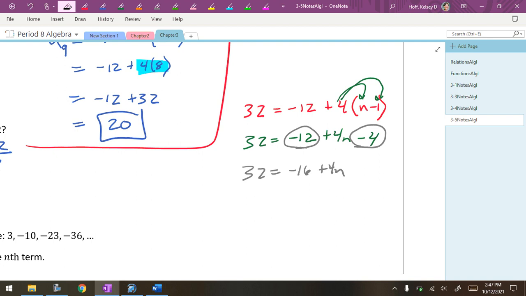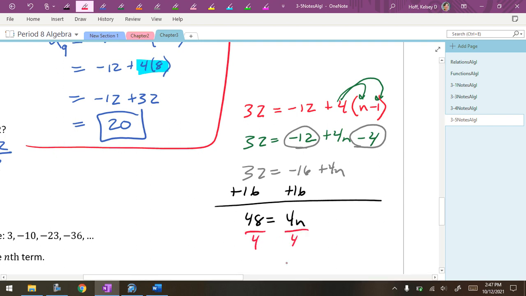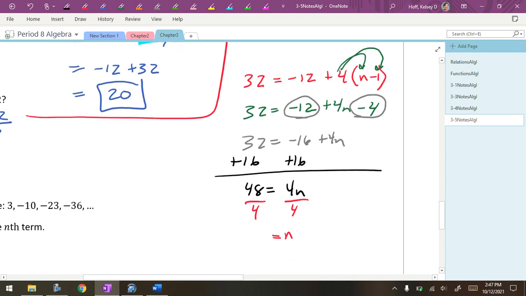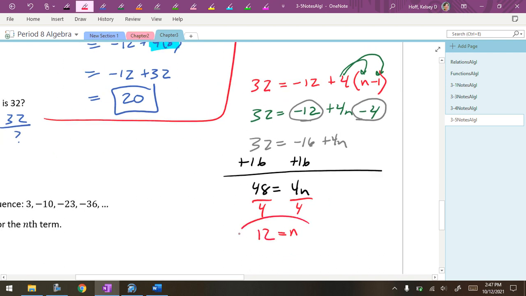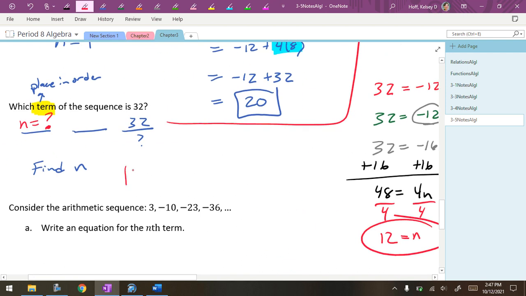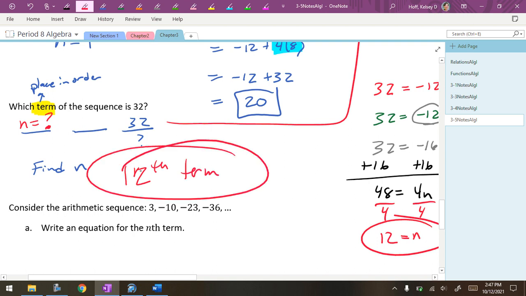Then I should add 16. 32 plus 16, 48 equals 4n. And last but not least, divide by 4. What term is 32? The 12th. The 12th term. The 12th number in order is 32.